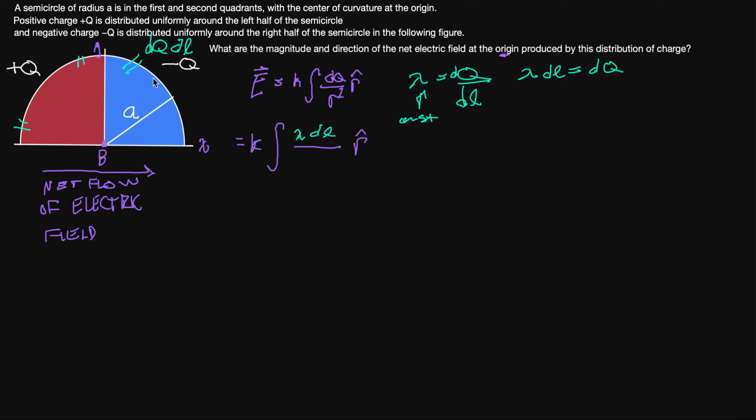And because it being anywhere, we can say that the radius is going to be our r, because the distance from here is the same as the distance from here is the same as the distance to any point along this wire. So that's going to be a squared.